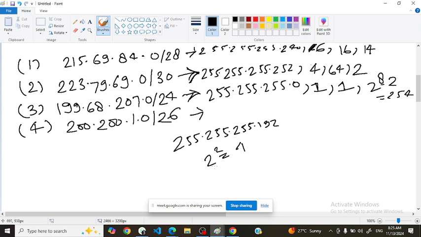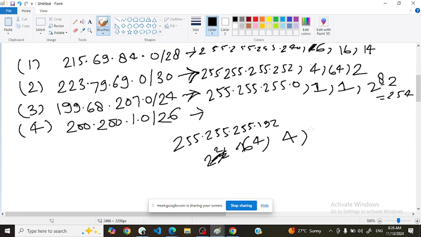No. What will be the block size? 64. Number of networks? 4. Okay.